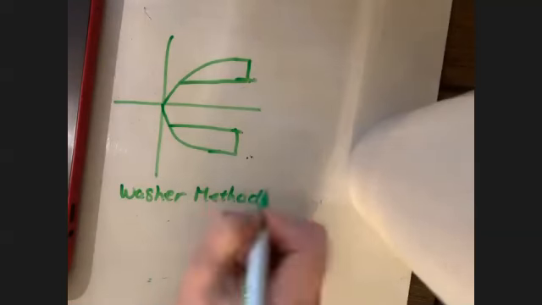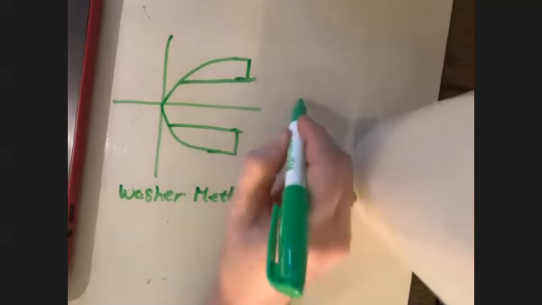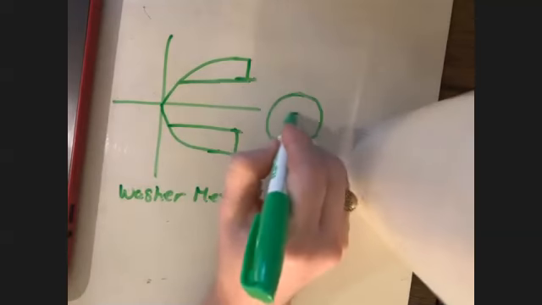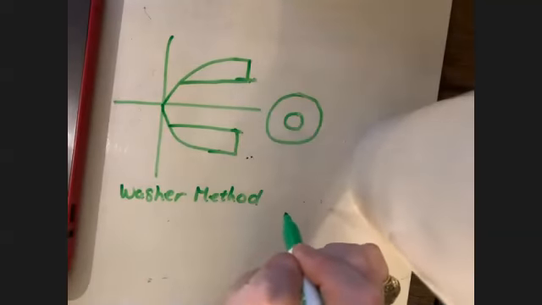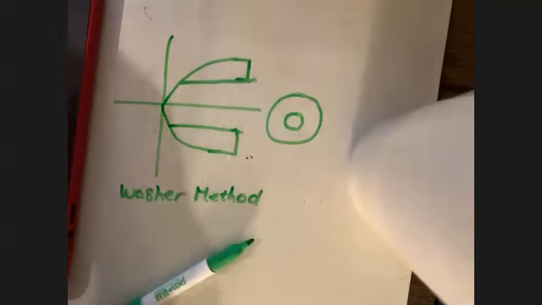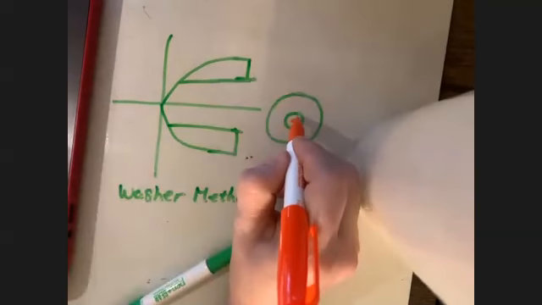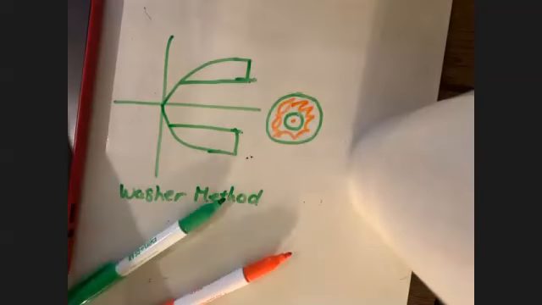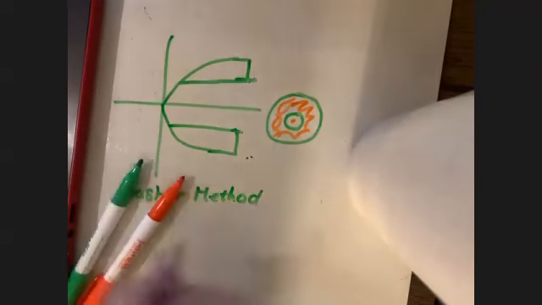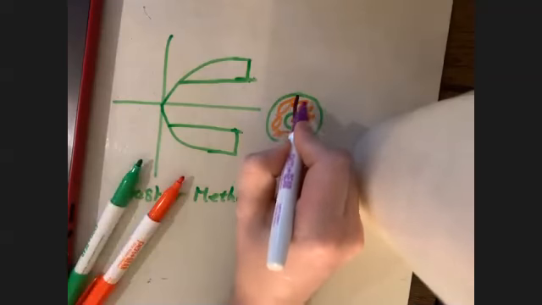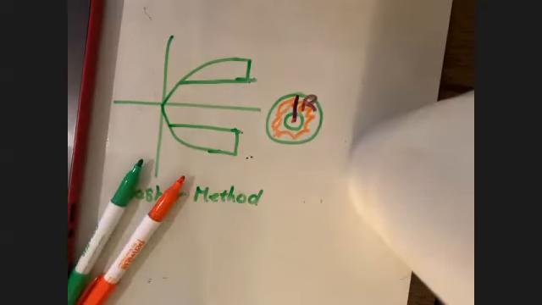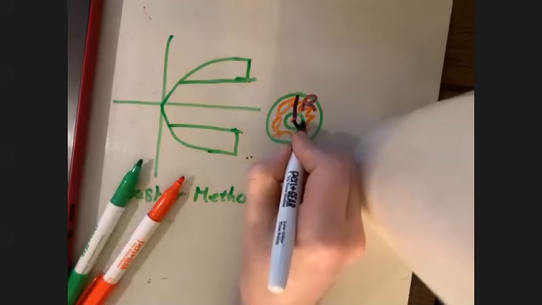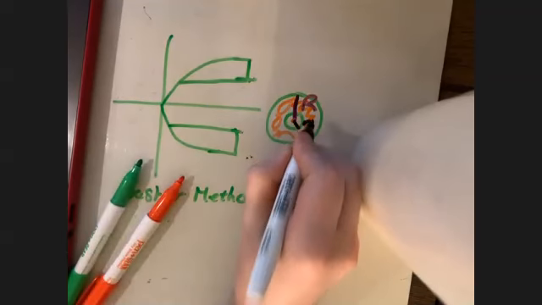Now, the idea is if I take a cross cut on this, I wind up with something that looks like this. Now, the difference here is I'm going to need to figure out the orange. Going back to geometry, this looks like area of shaded regions. You're going to have what we call big R, and then you're also going to have little r.